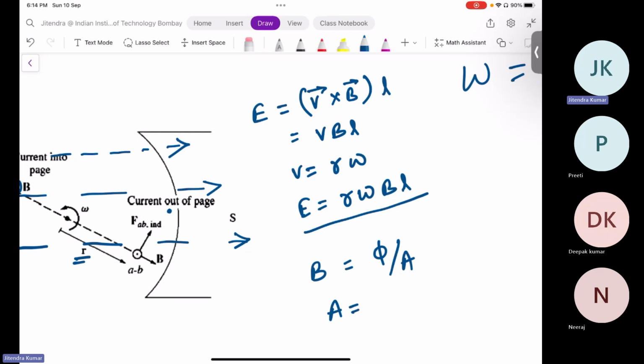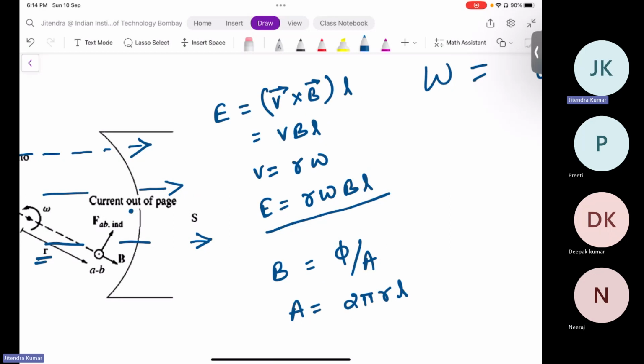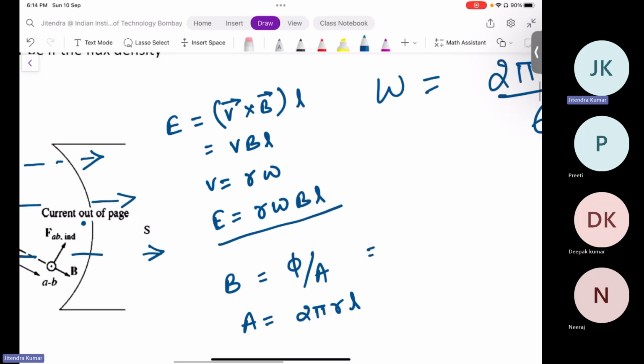You can imagine the rotor is a cylinder, right? So it will be 2 pi RL. Now I can plug in here phi by 2 pi RL.